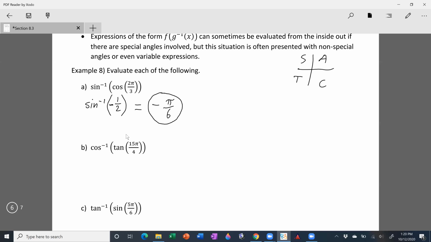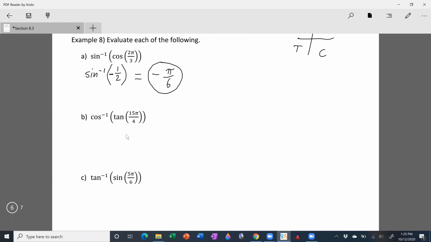All right. Moving along, this looks like it could be a special angle, so we're going to do cosine inverse on the outside and evaluate that. However, 15 pi over 4, I think that's more than one time around the unit circle, so we might want to do a little bit of work in there.